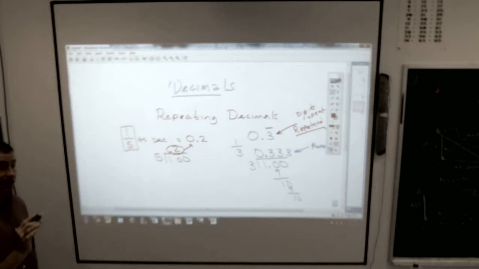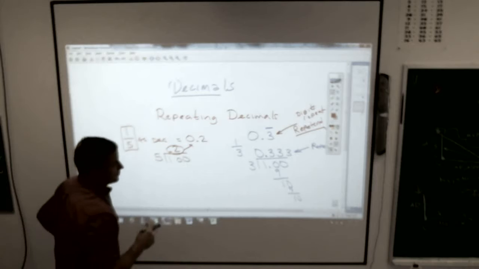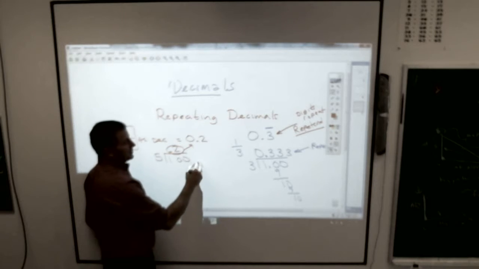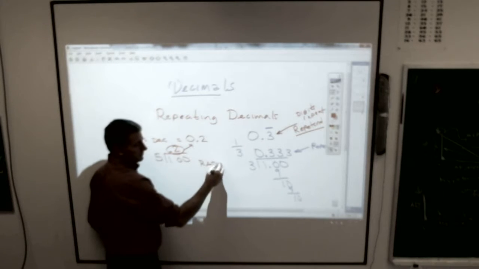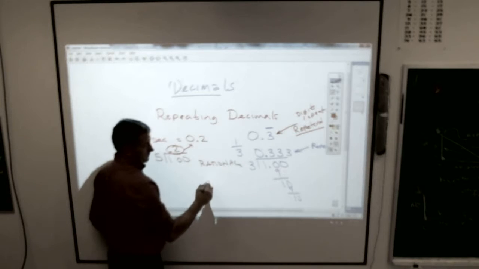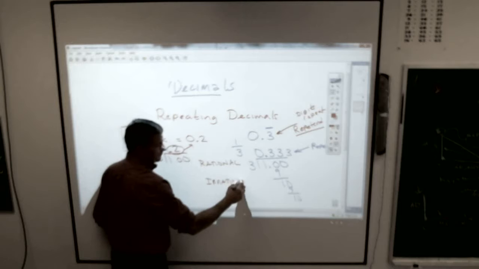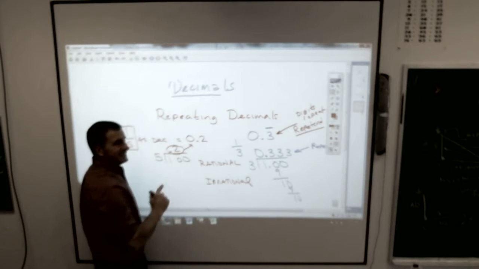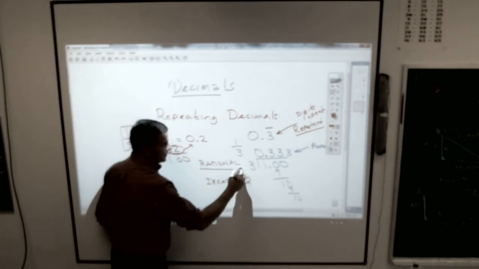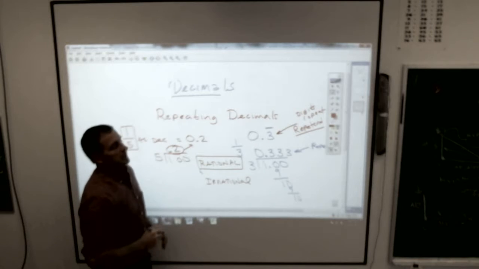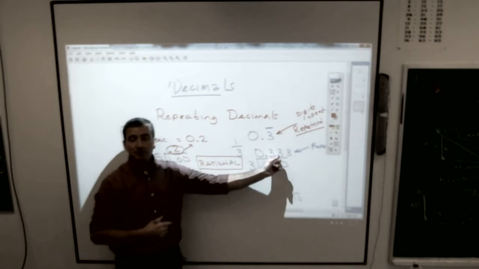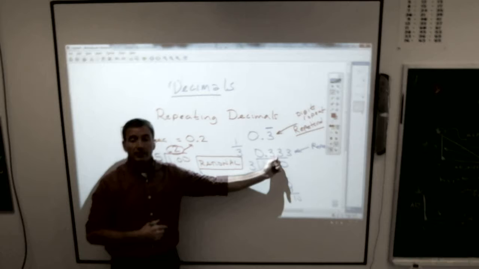Now, every fraction, ladies and gentlemen, that is why we've talked about rational and irrational numbers. Repeating decimals are rational numbers. They make sense because if it is in fact a repeating decimal, it is somewhere a fraction.